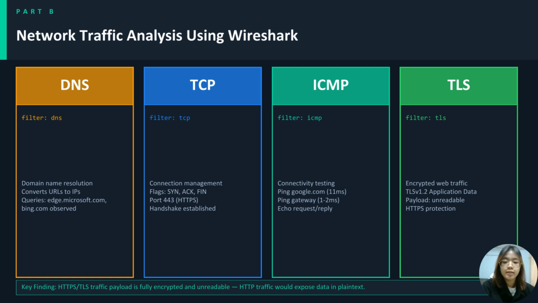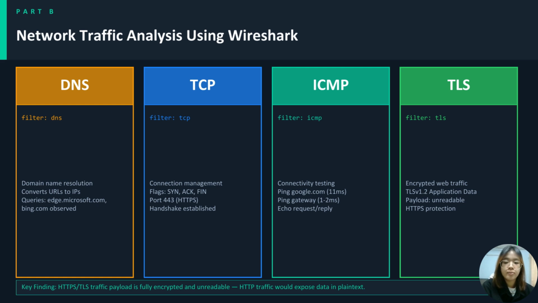During ping tests, ICMP echo requests and replies were captured, confirming successful communication between devices. While ICMP is useful for troubleshooting, unusual or excessive ICMP traffic may indicate network scanning or reconnaissance activities.